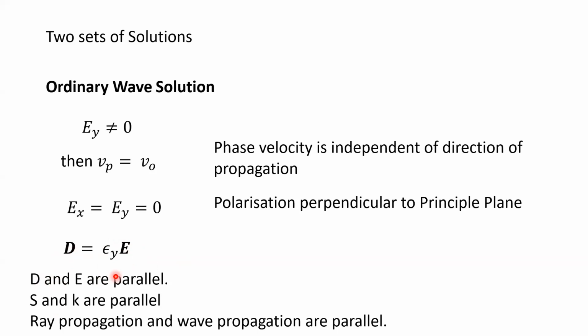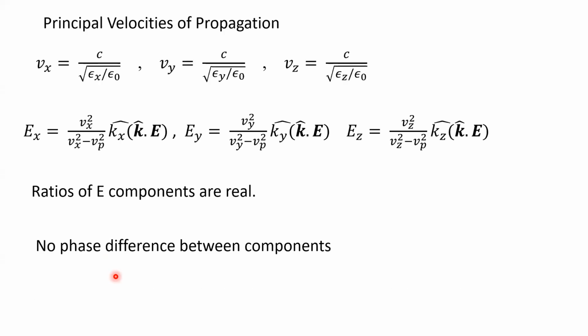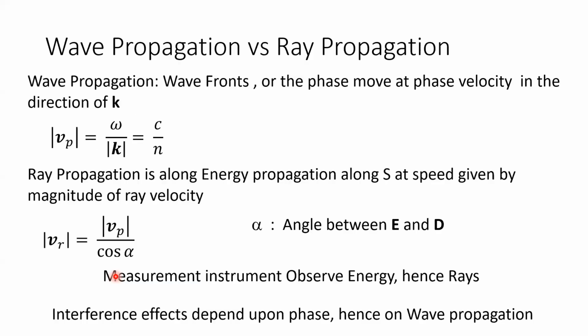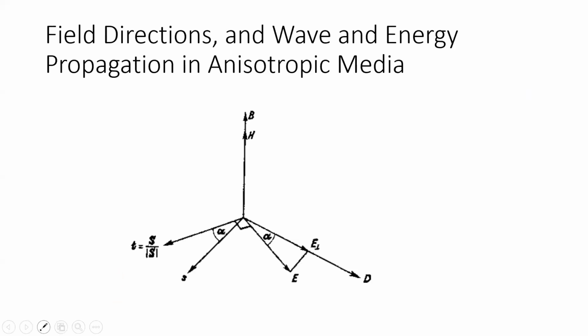This is clear. Now let's go back to the diagram which we had drawn earlier. If D and E are parallel, then what happens? Let's go to the directional diagram quickly. Yes, this one. So D and E are parallel, so alpha is 0. But alpha is also the angle between S and K. This is K, this is S. So if D and E are parallel, so would be S and K. What's the physical meaning of that?